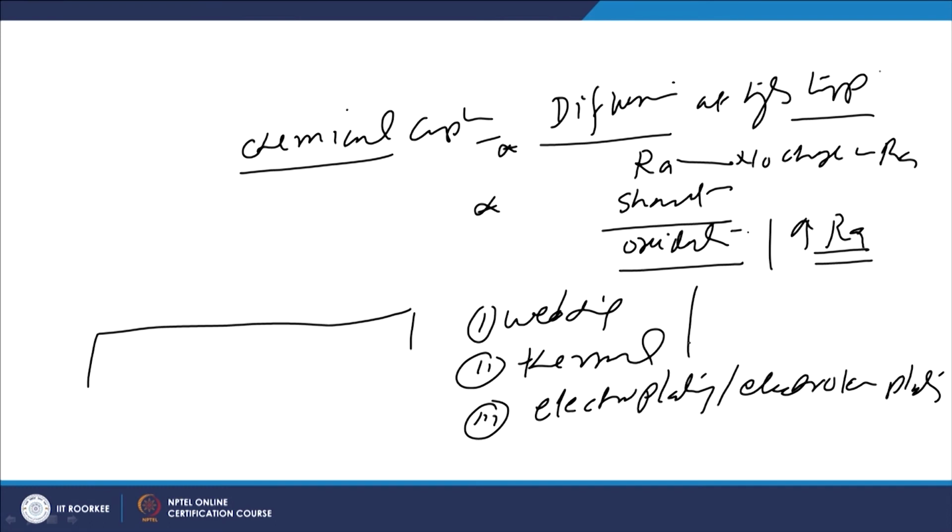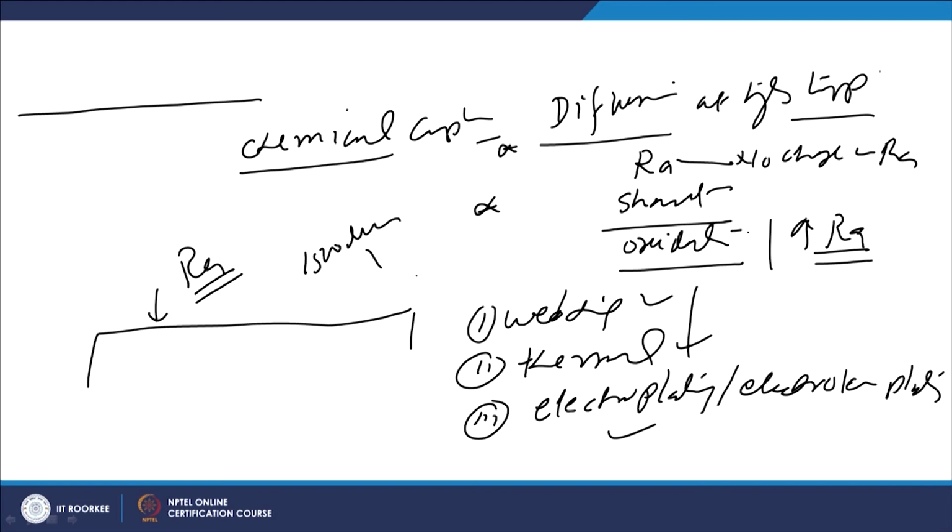So, in all these methods, wherever either complete melting or partial melting is taking place, there will be the possibility for greater roughness. Whatever the roughness of the substrate in the beginning, based on the approach of surface modification, whether it is weld surfacing, thermal spraying, electroplating or electroless plating, all these methods will offer different roughness values, which can vary significantly from, say, 1500 micrometers to a very low value like 10 to 15 micrometers.